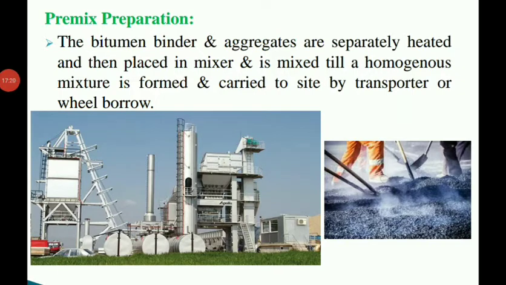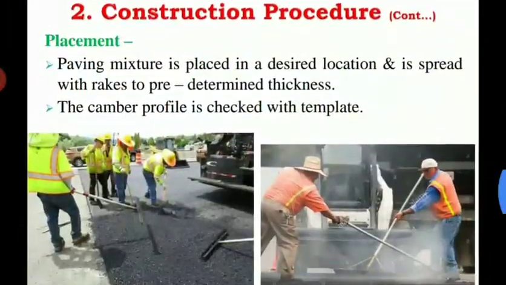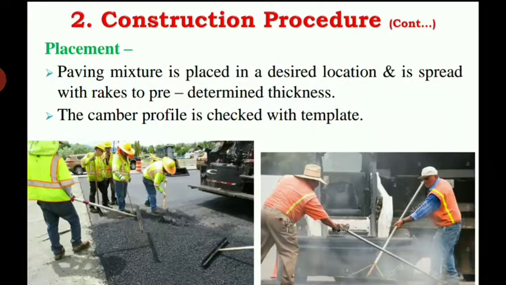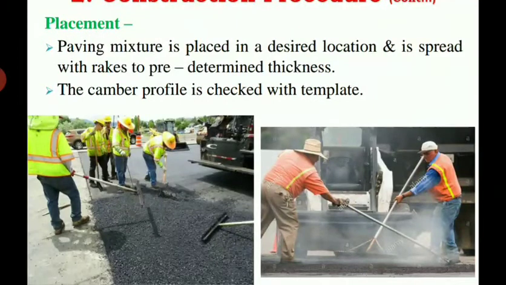We should carry those materials from the mixing plant to the required location. Okay, and now the placing of the mix. Here the paving mix is placed at the desired location and spread with rakes to a predetermined thickness. We have designed the standard thickness of this layer, and as per that thickness, using the rakes we can spread the materials.